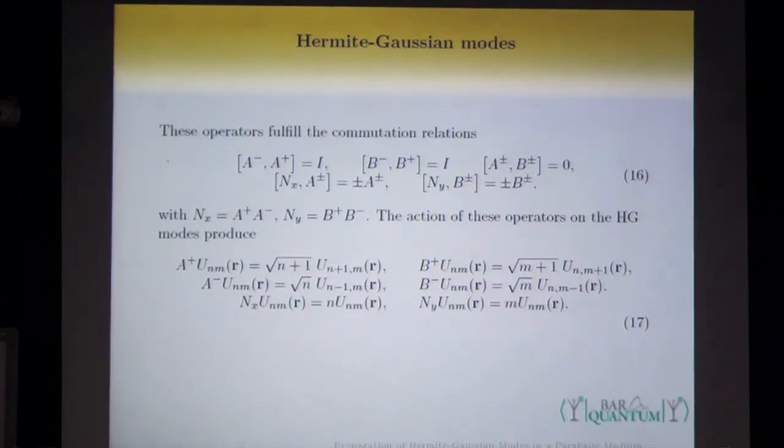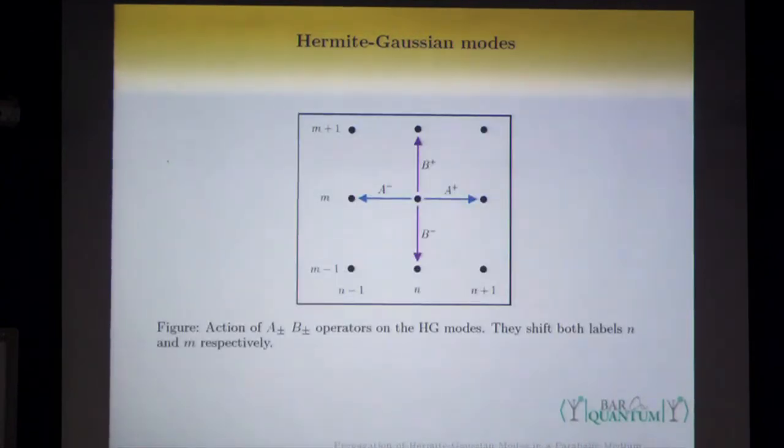A graphical representation of the action of these capital operators A and B is in this picture. We can see that operator A shifts the n label, and operator B shifts the m label.